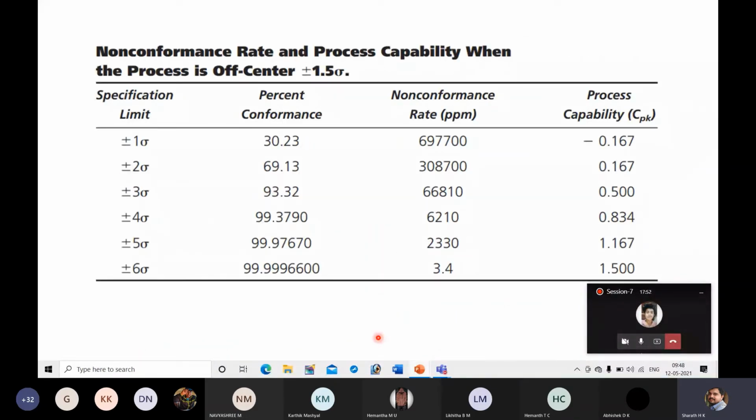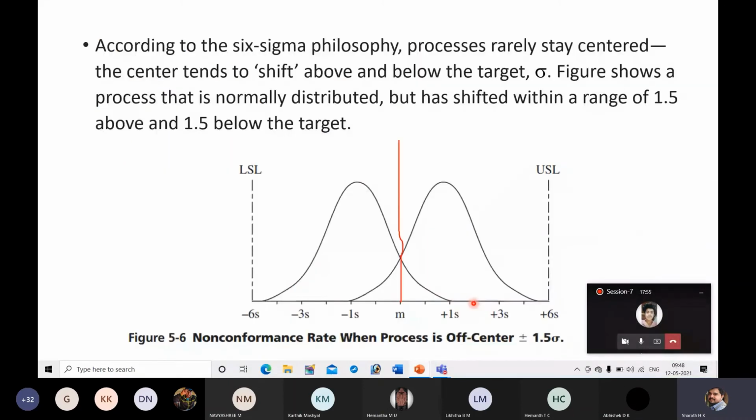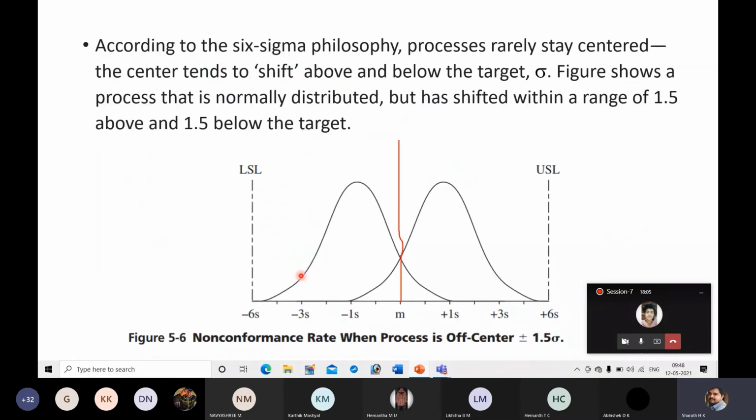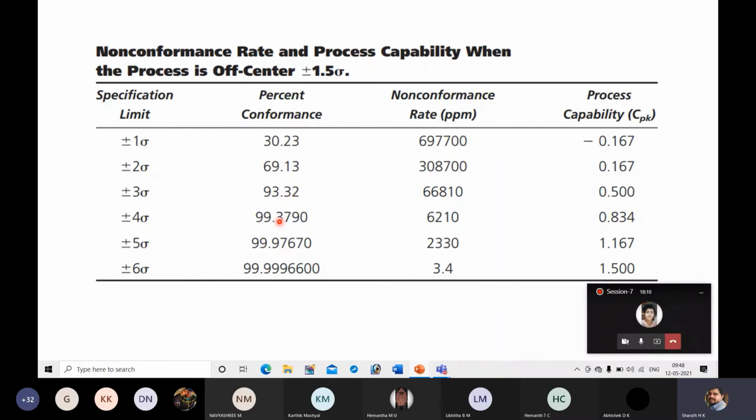If you consider plus or minus 2 sigma, the percentage will be 69.13%. Similarly, for plus or minus 3 sigma, you will get 93.32. Like that, it has different percentage values.